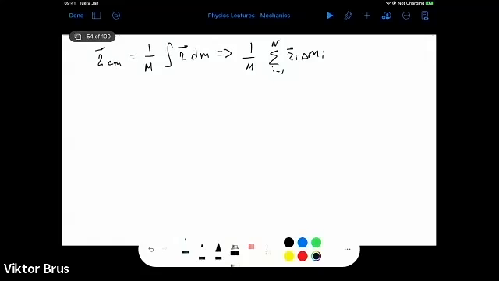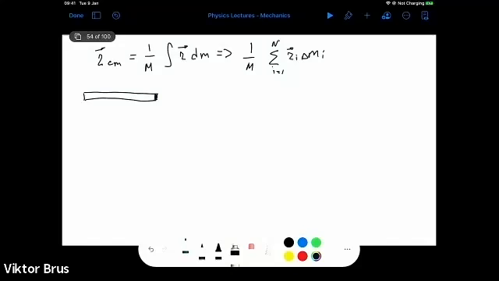Okay, now let us try to consider some such extended body and calculate the position of the center of mass. So for this purpose, we can consider a uniform metal or any material rod.